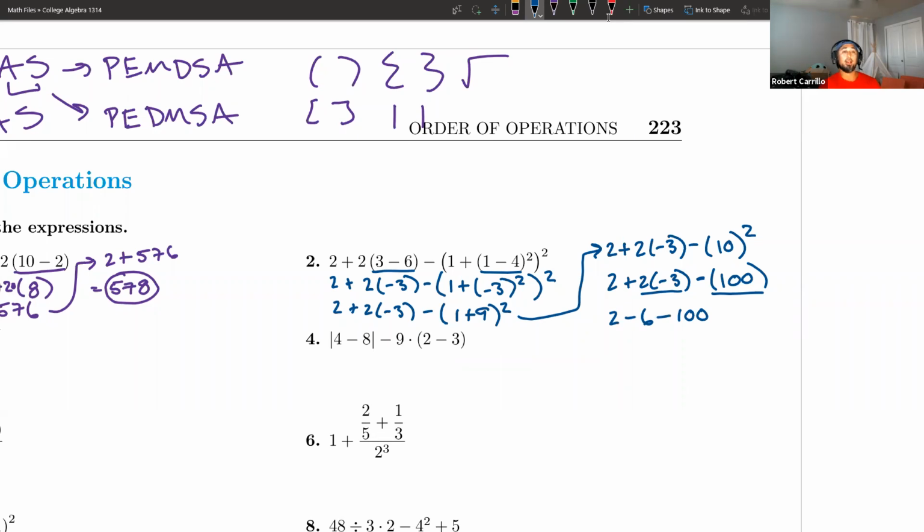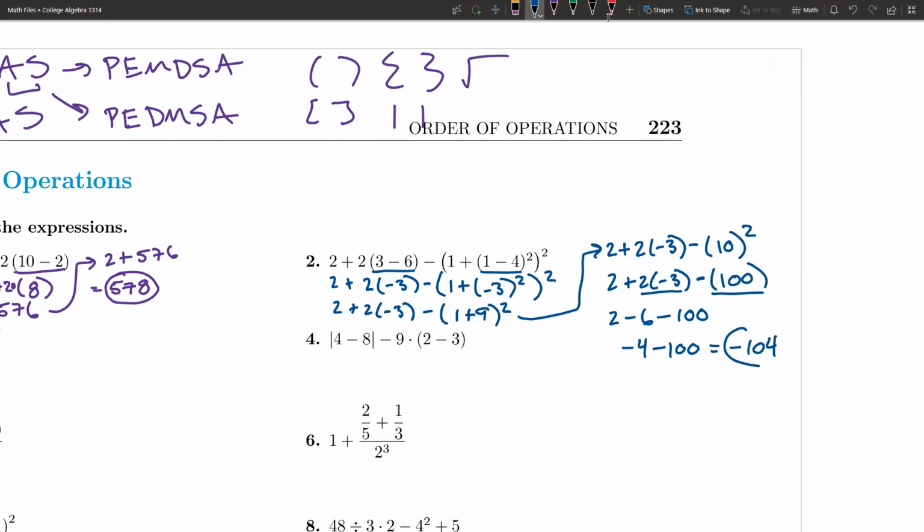Now working left to right, the only operation left is subtraction. So you have 2 minus 6 minus 100. 2 minus 6 is negative 4. Negative 4 minus 100 is negative 104. Bam.